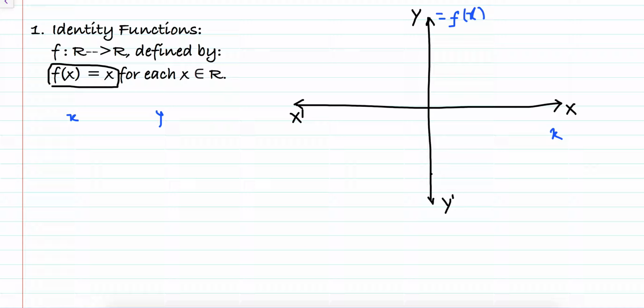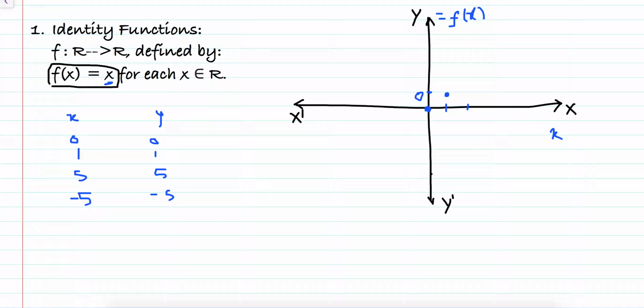So from this function, if x is 0, f(x) is the same as x. So this should also be 0, 1, 1, 5, 5, minus 5, minus 5, and so on. So for 0, it's 0. It's the origin. If this is 1 and this is 1, then for 1 it's 1. So it will be here.